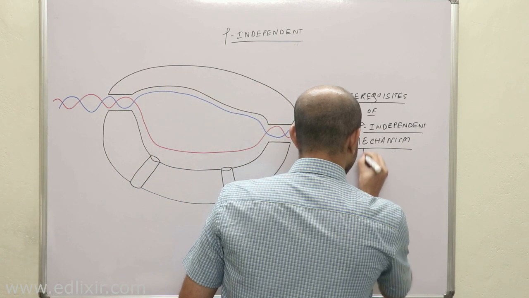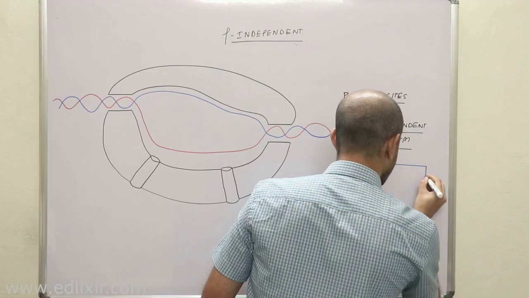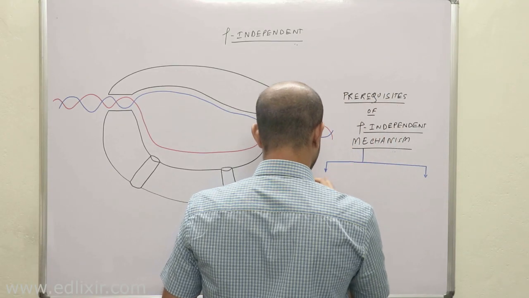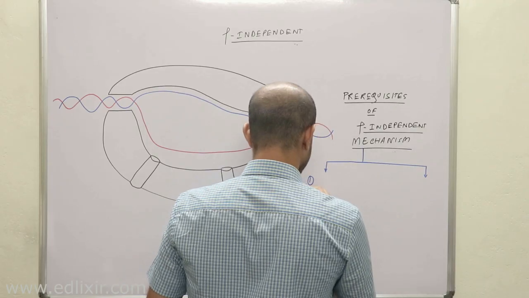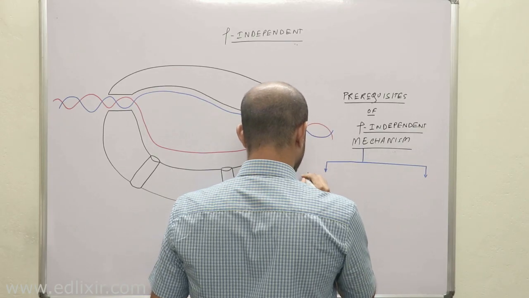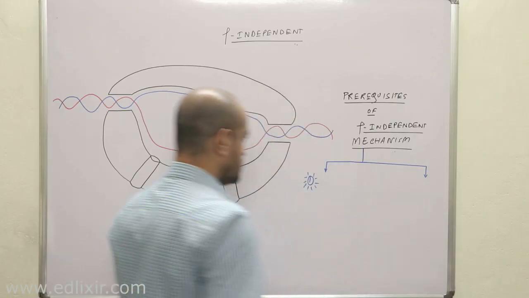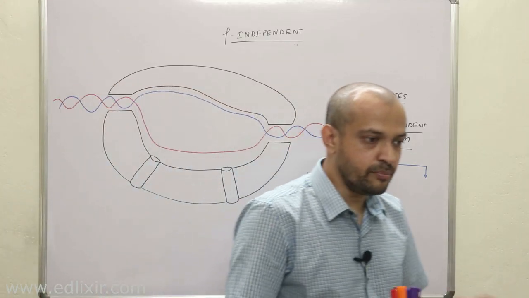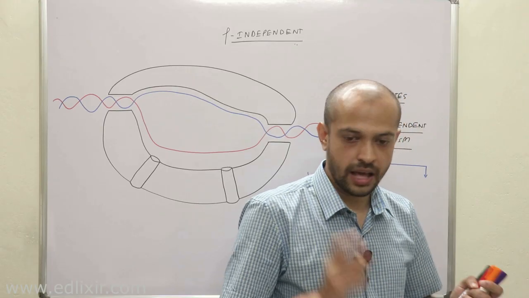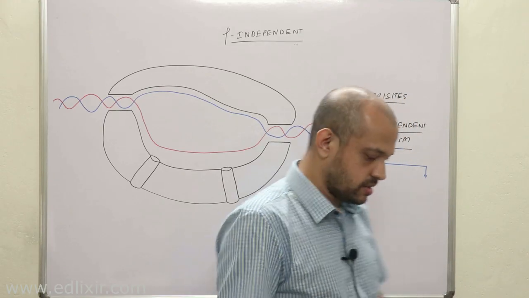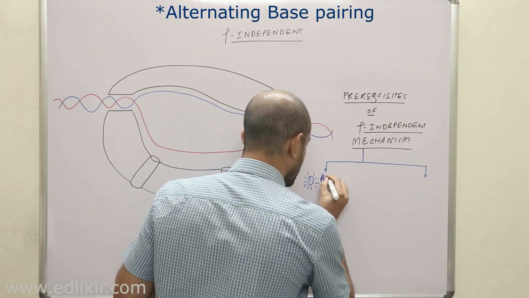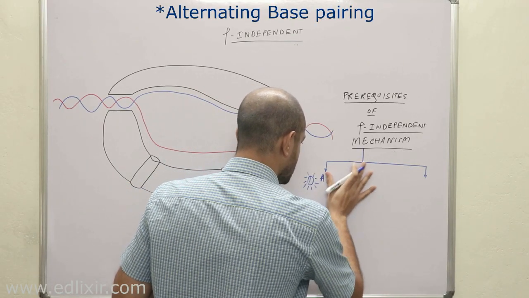Prerequisite number one is very, very important: there should be alternative base pairing having a gap. There must be alternative base pairing.